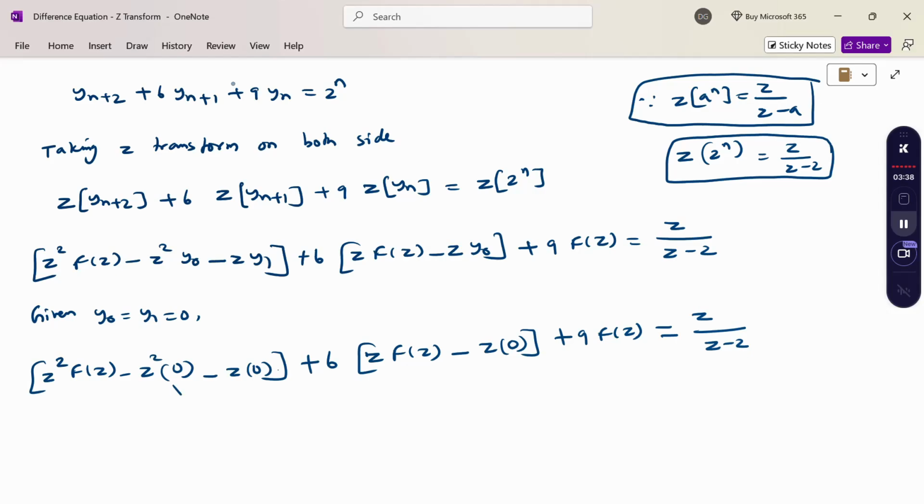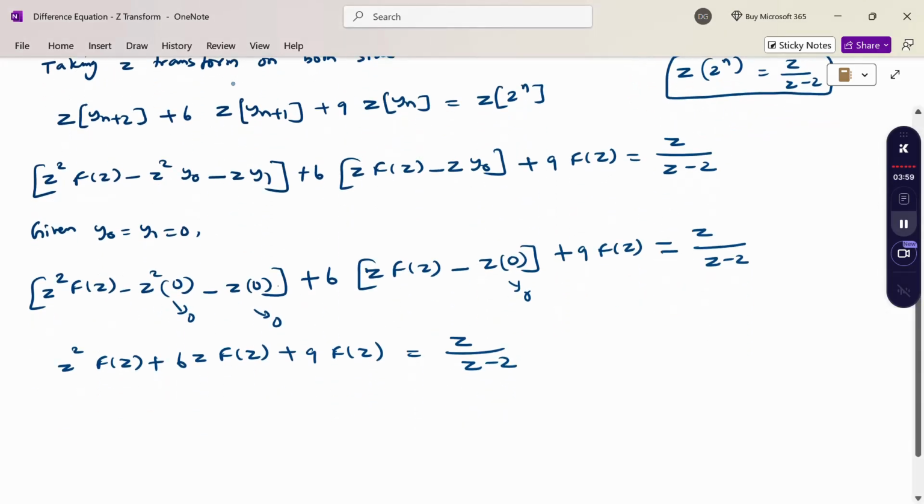Now this term 0, this term 0 and this term 0. Therefore z squared F(z) plus 6 z F(z) plus 9 F(z) equals z by z minus 2.